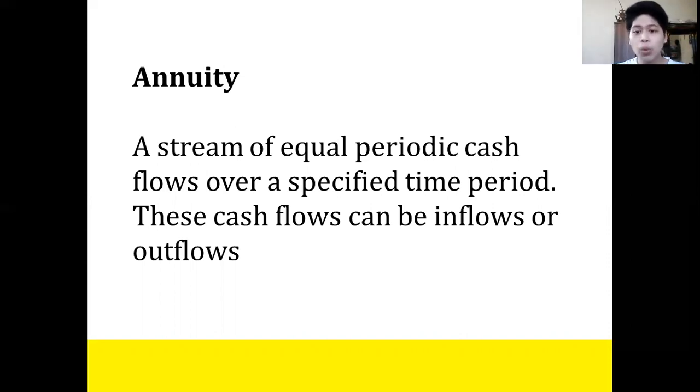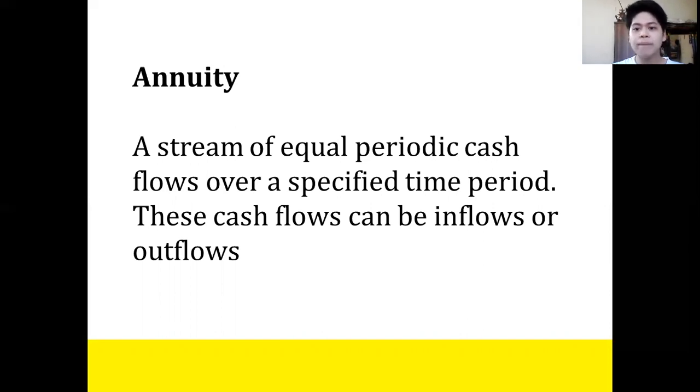Okay? So number one, it is equal. So 1,000 pesos, that's uniform for every year. Second is the word periodic. Periodic, ibig sabihin every year you will receive 1,000 pesos.